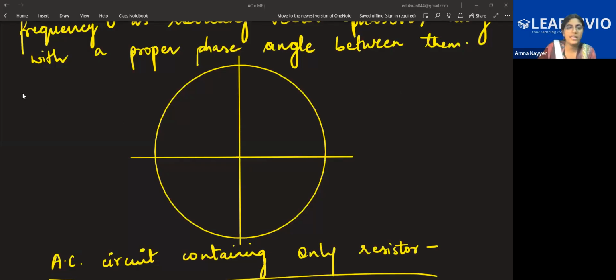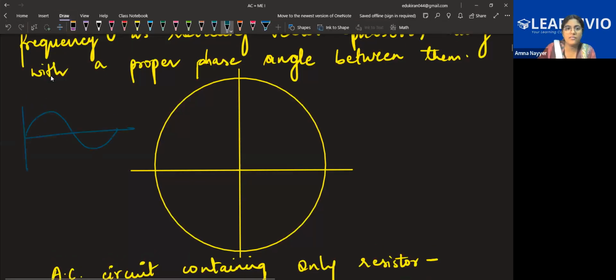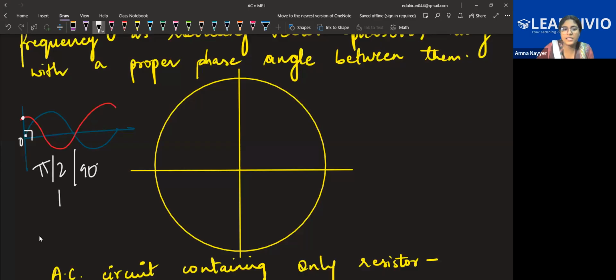See, if one wave is starting like this and another is starting like this, when this wave is starting from the origin, the other has already covered 90 degrees. So if you overlap the waves, the angle that we are getting is pi by 2 or 90 degrees. This is the phase difference.